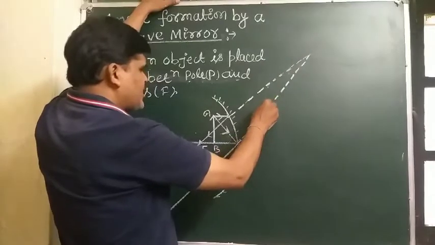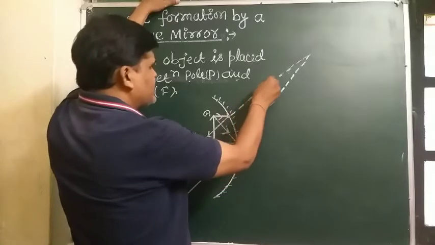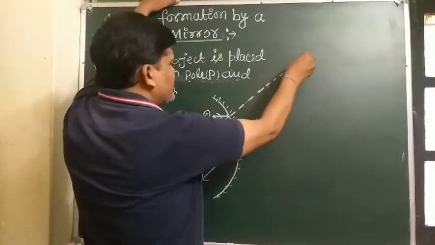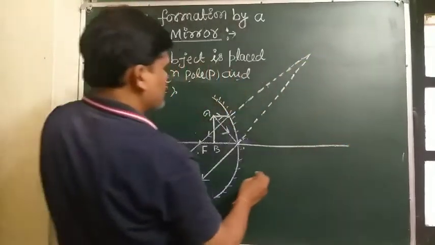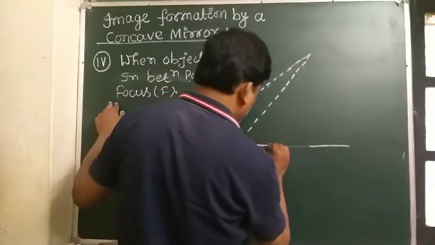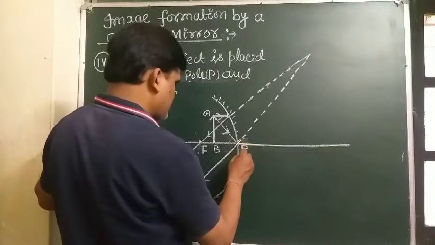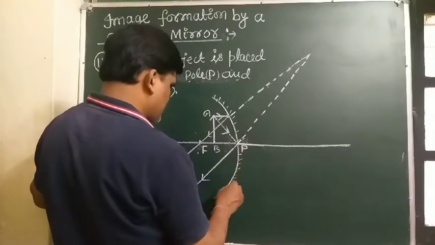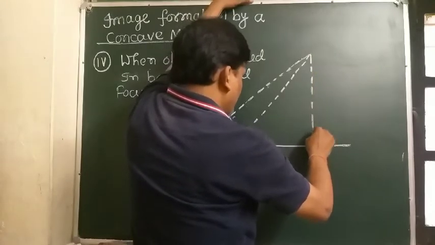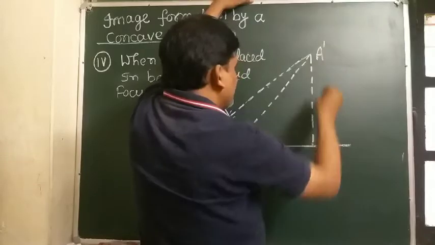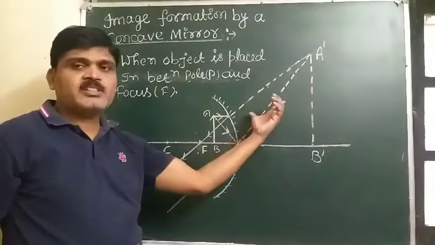If the reflected lights are extended backward, these extended lights appear to meet, and this is the image A dash B dash.